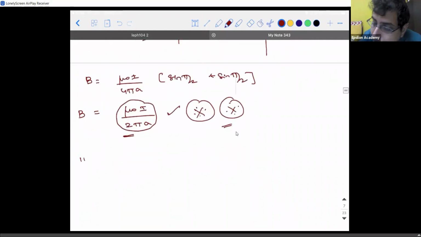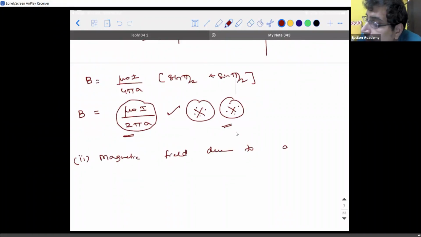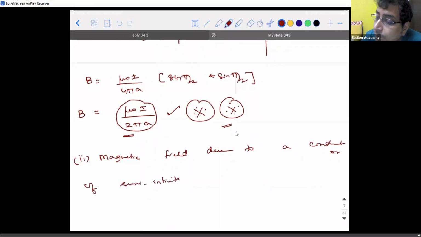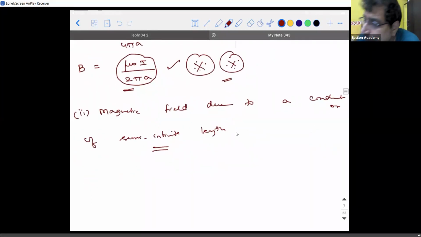Second, magnetic field due to a conductor of semi-infinite length. So what do I mean by semi-infinite? You need to understand.